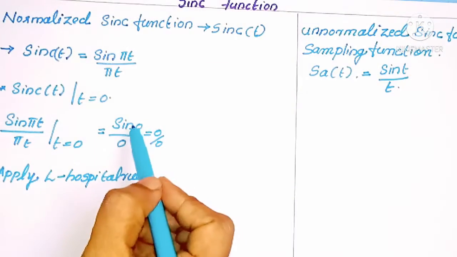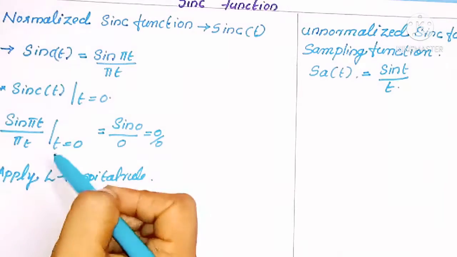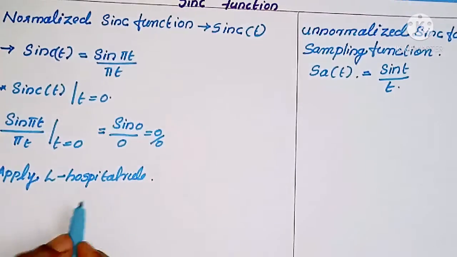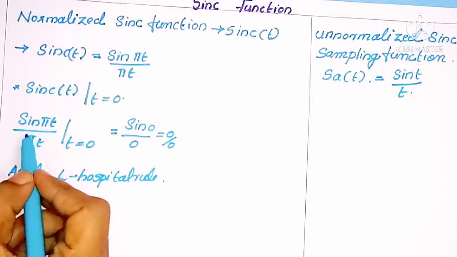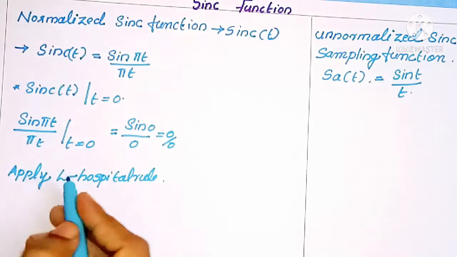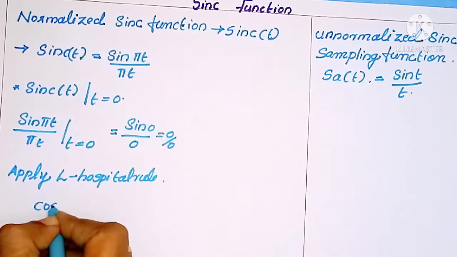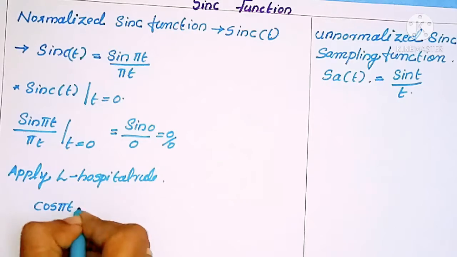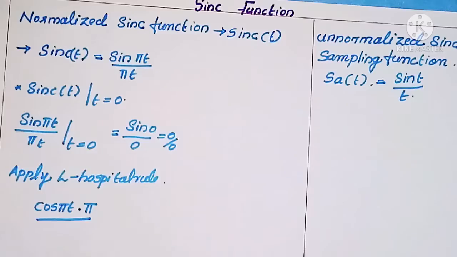That means differentiate both numerator and denominator with respect to t. What is the differentiation of sin pi t? It becomes cos pi t into pi. What is the differentiation of pi t? It becomes pi.